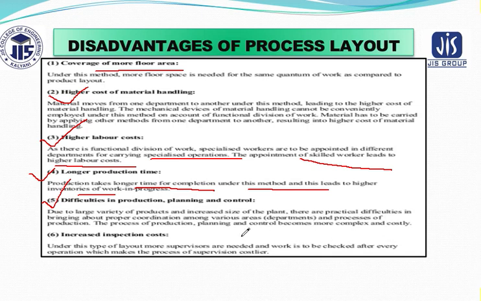The process of production planning and control becomes more complex and costly. And finally, increased inspection cost. Under this type of layout, more supervision is needed and work is to be checked after every operation, which makes the process of supervision costlier.